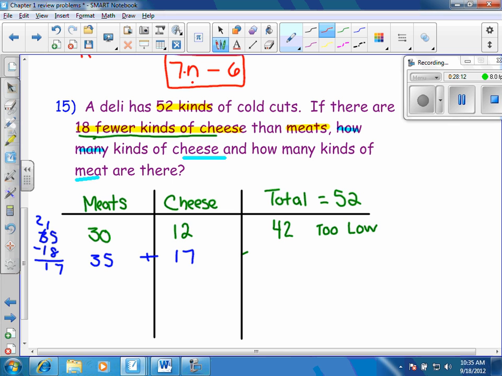And when you add 35 and 17, you do a little scratch work here. You end up with 52 types of cold cuts. That worked out quicker than I was expecting, so I had a good guess. And so since I have the total, then I know that there's 35 kinds of meats and 17 kinds of cheese.